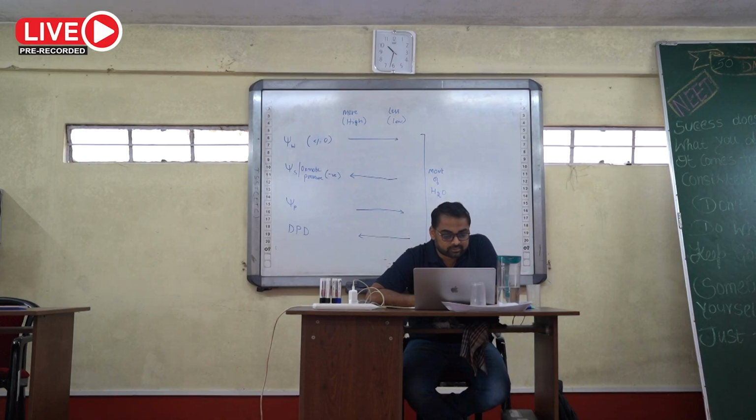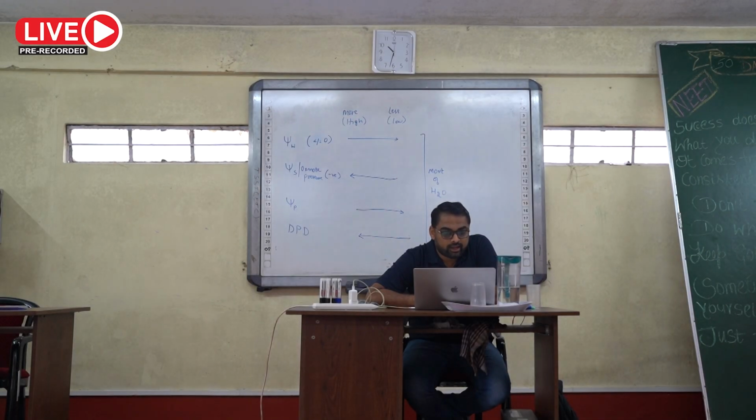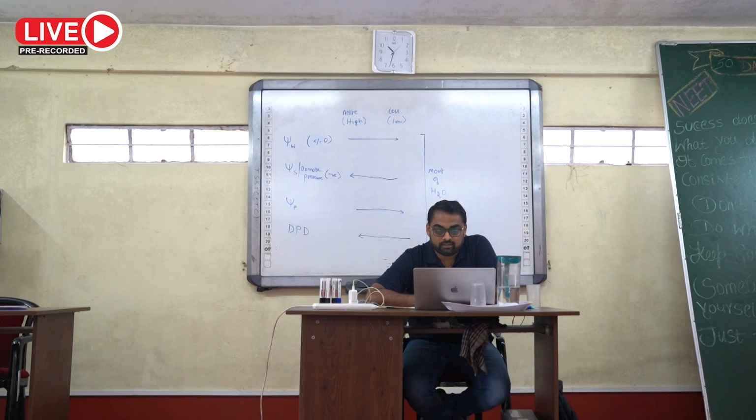ABCD in the figure, transport mechanisms. A is what? A is a carrier protein. B is uniport, one way movement.